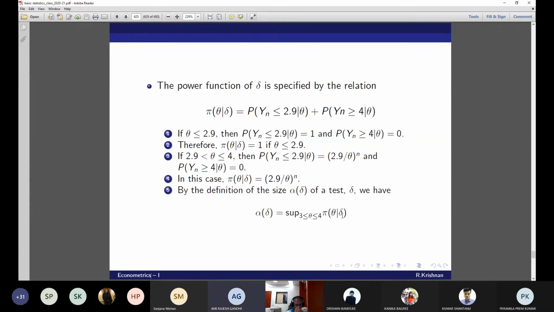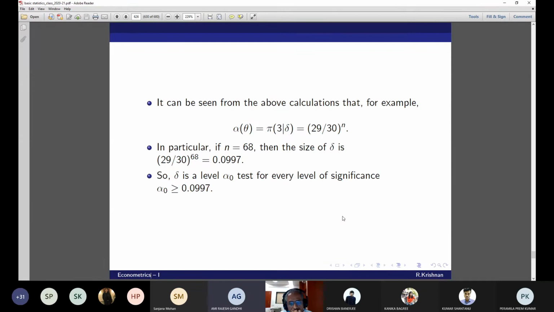Sir, in simple English, could you explain what size of the test means? Not from the formula. The size of the test is nothing but our alpha that you fix. Have you heard of this 5%, 1%? Yes, sir.